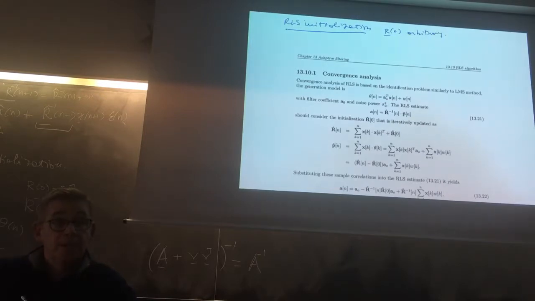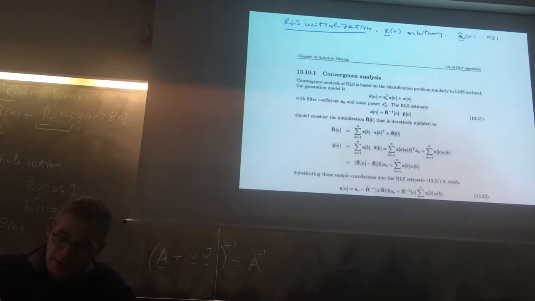Then if R0 is arbitrary, I start to have an estimate of the filter from n larger or equal 0. I start having something.